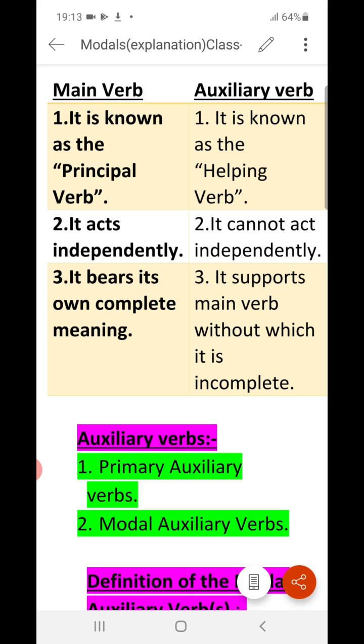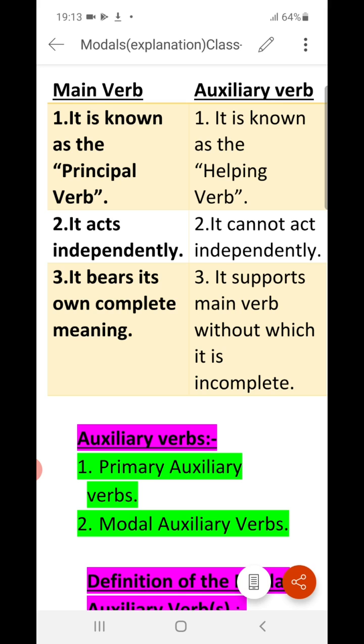So it cannot stand on its own in a sentence. It has to be applied with the main verb only.